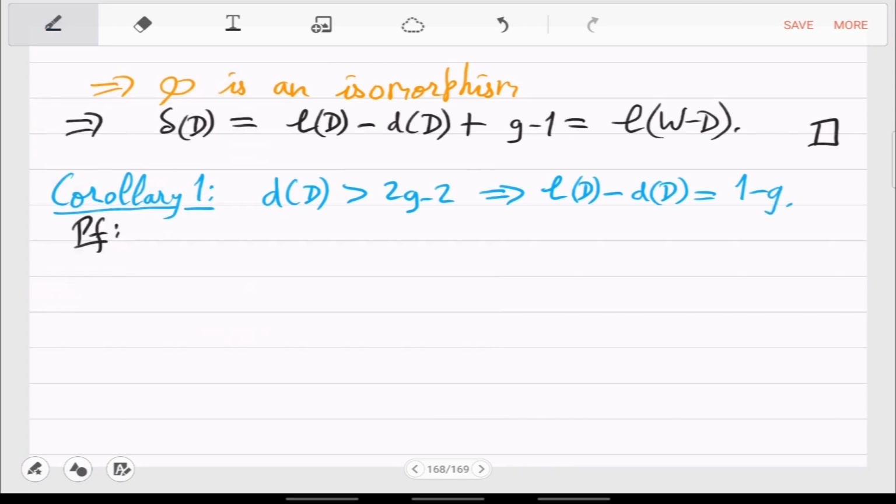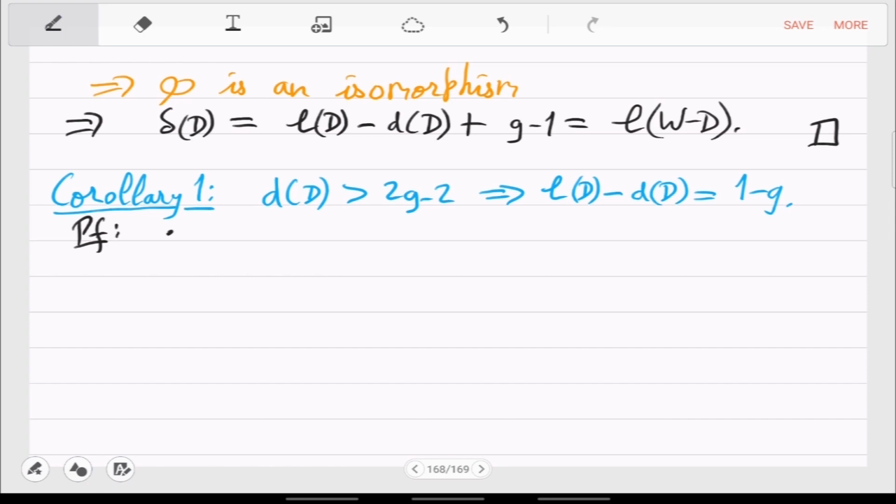Okay, so for bigger divisors, Riemann already is exact. Roch isn't needed in that case. So why is this? Because L of W minus D will be. Yeah, so look at the line above, Riemann-Roch statement.